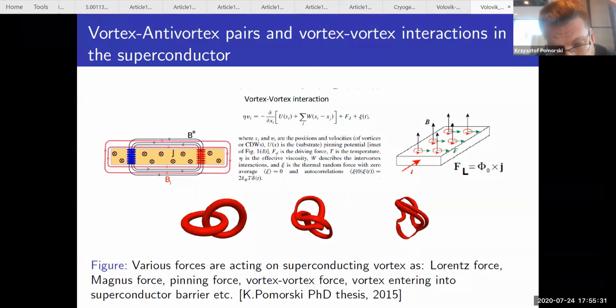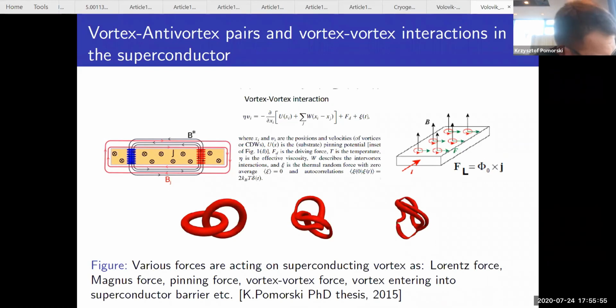So you need to take that into account, and using the Ginzburg-Landau equation, you can try to propose such types of forces acting on a vortex, and it becomes a kind of particle-like object.